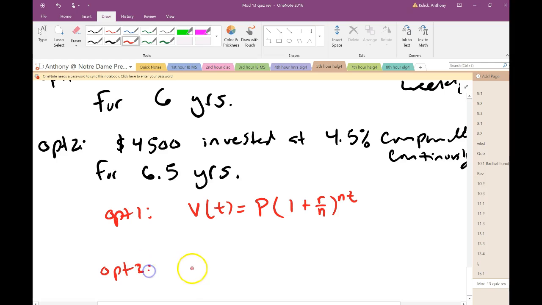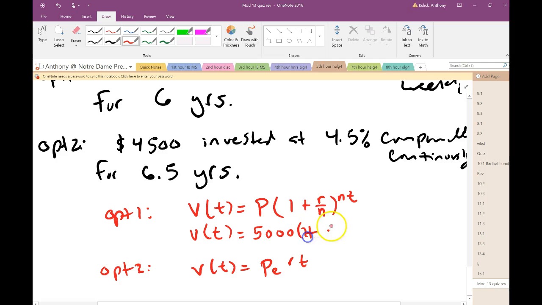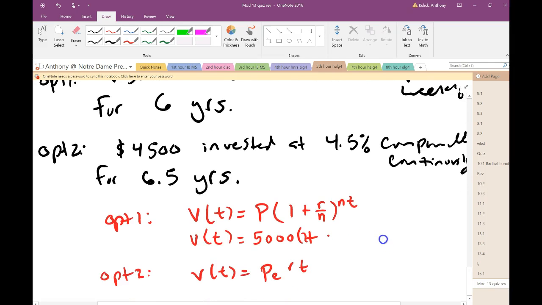Good, the continuous one. How did you know that? It says compounded continuously. Good. So we're finding the future value. So the P is 5,000. The R is 0.036. The initial amount.